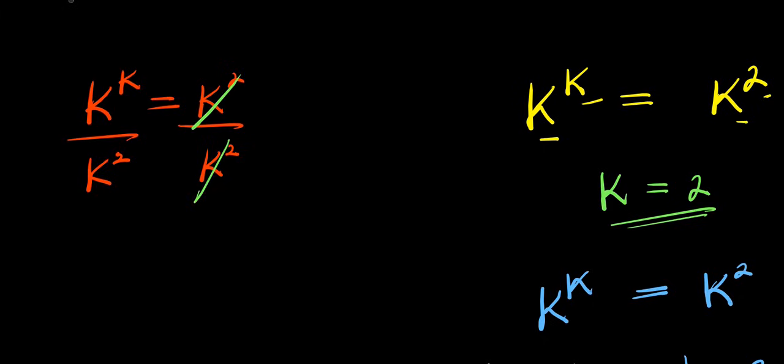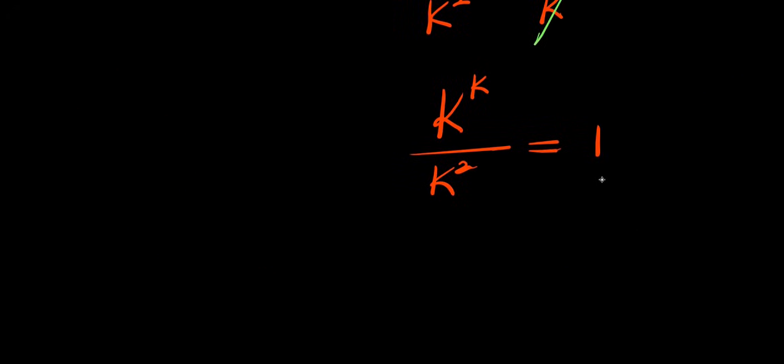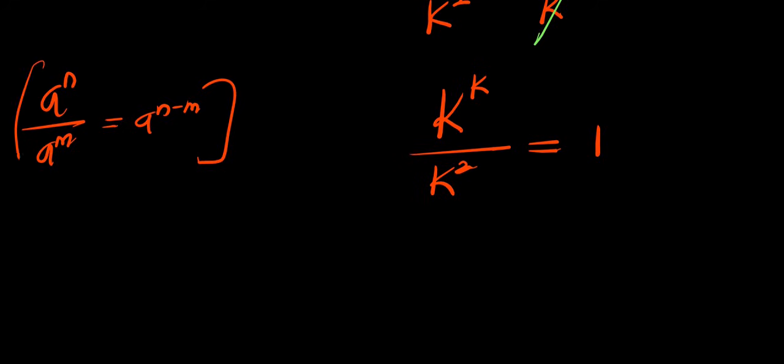That means I'm simply going to have k power k divided by k power 2 equals 1. Now, look at it here. If you have a power n divided by a power n, that equals a power n minus n. So applying this right here, we have k power k minus 2 equals 1.